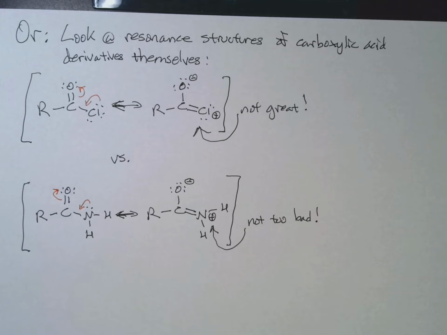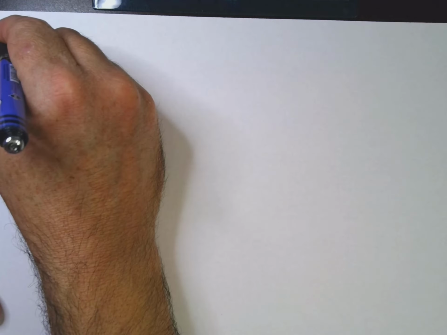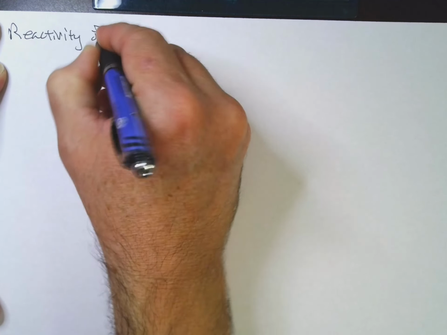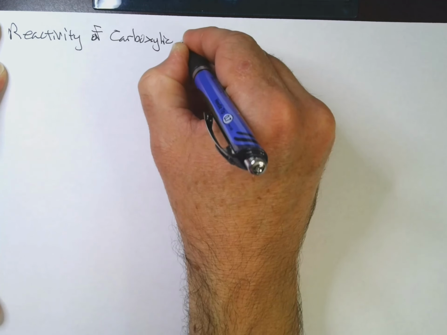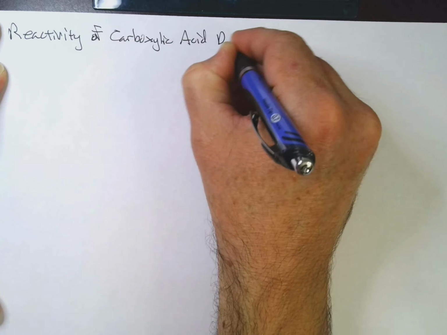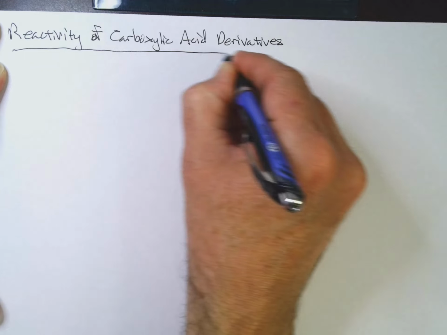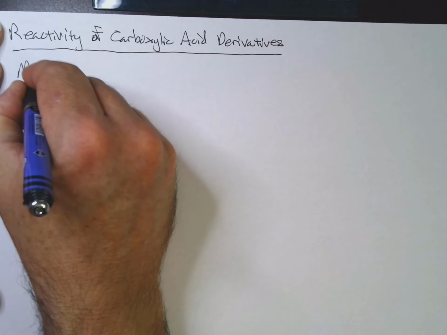So we can kind of summarize these, and we'll look at the major ones here. So let's look at reactivity. I'll draw a couple of diagrams here. Okay, so at the top, we've got most reactive.